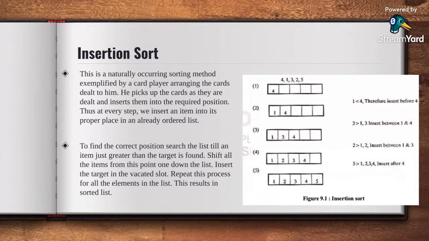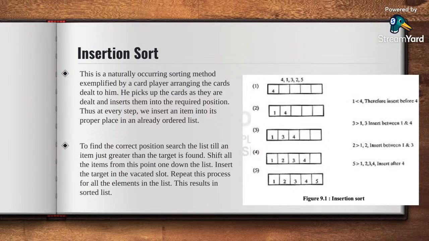This is a naturally occurring sorting method exemplified by a card player arranging the cards dealt to him. He picks up the cards as they are dealt and inserts them into the required position. Thus, at every step, we insert an item into its proper place in an orderly sorted list. To find the correct position, search the list until an item just greater than the target is found.